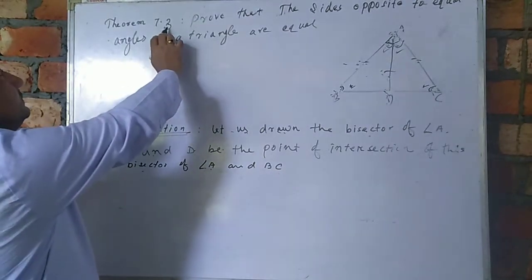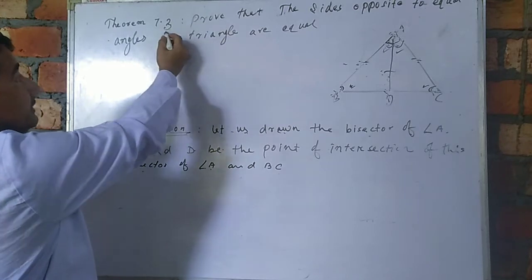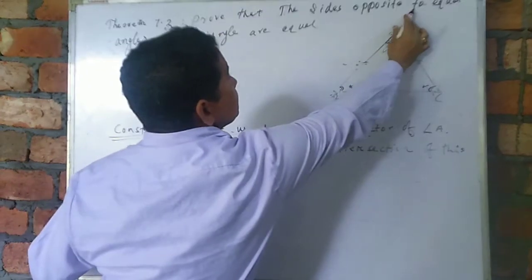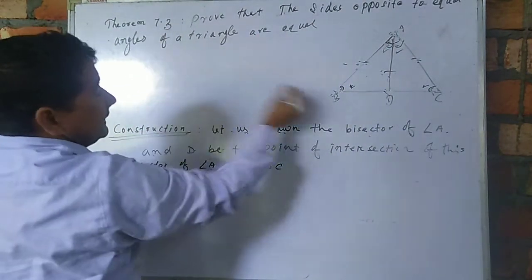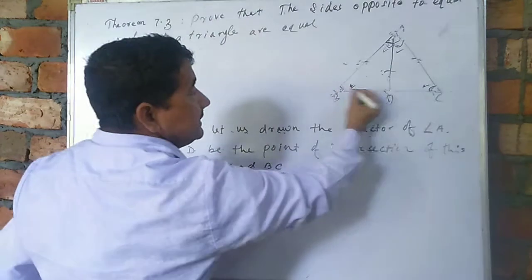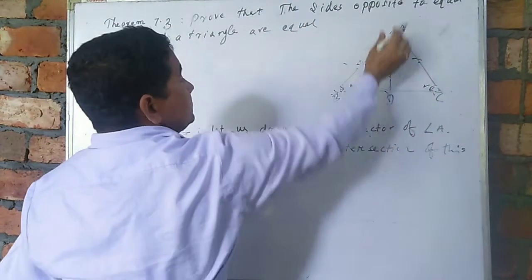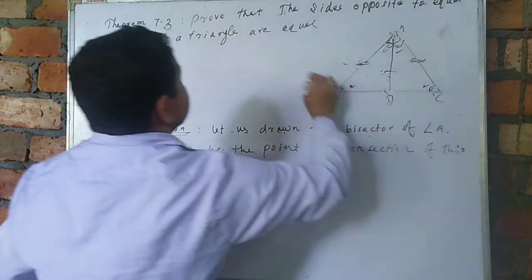Theorem 7.3 is the converse of 7.2. In theorem 7.3, prove that the sides opposite to equal angles of a triangle are equal. Here the opposite angles are given: angle B and angle C are equal. Then you have to prove AB equal to AC.